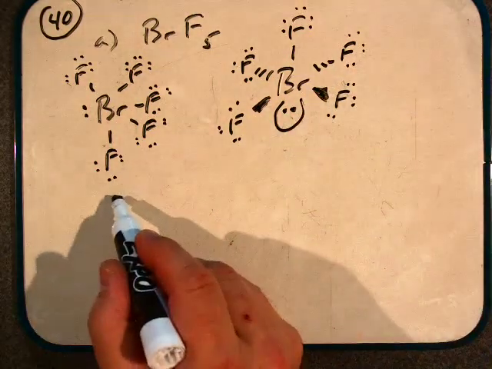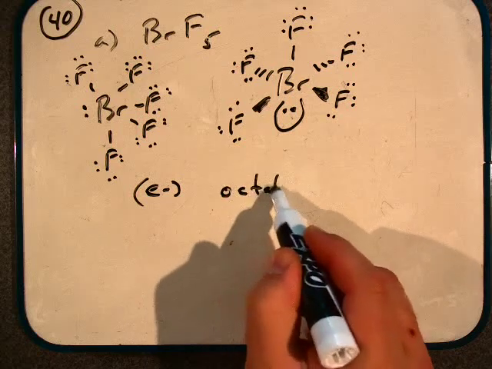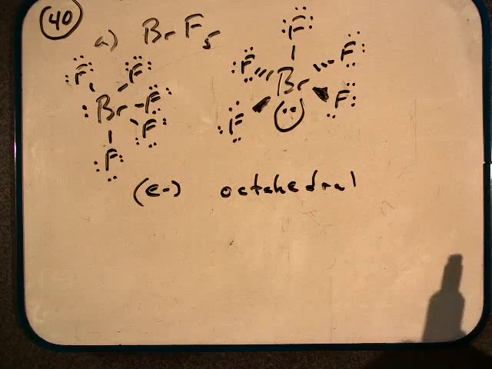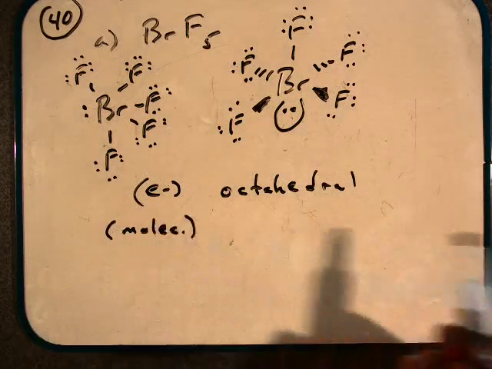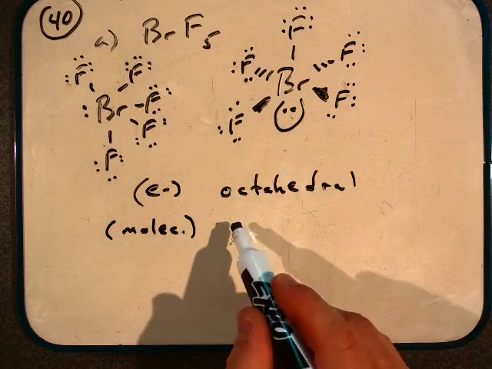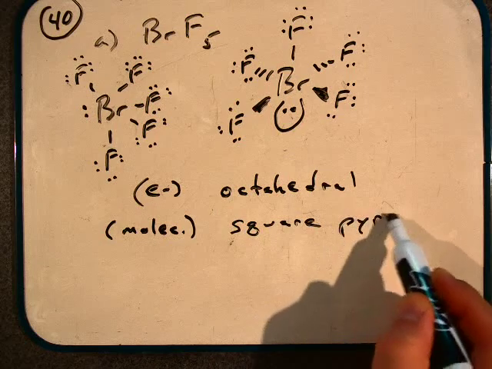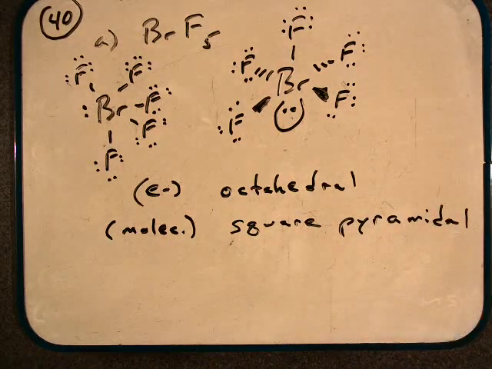And so our electronic geometry for this would be octahedral, and that's what this structure actually looks like. But remember, with our molecular nomenclature, we ignore that lone pair, and so this has a shape that's known as square pyramidal with our molecular geometry.